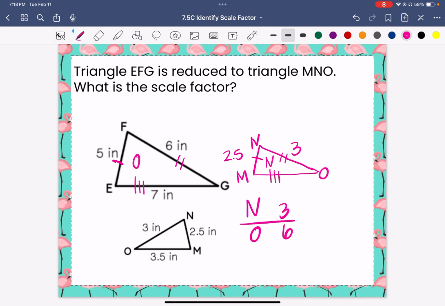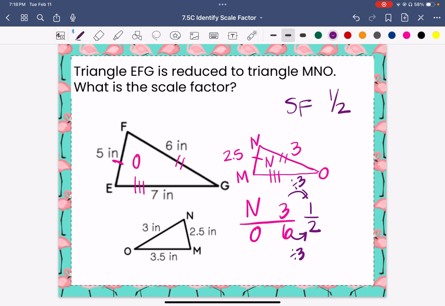So 3 over 6, we can scale down. They're both divisible by 3, or a greatest common factor, and it simplifies to 1/2. Did the image get smaller? Yes. Is my scale factor less than 1? Correct. So for this, the scale factor is 1/2.